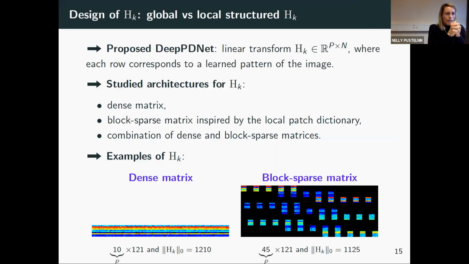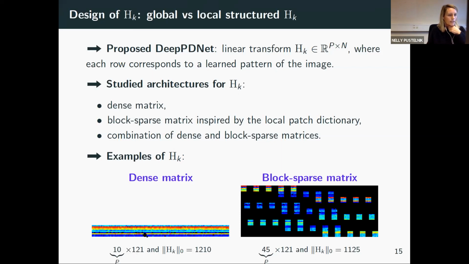The first thing is that the design of HK is of utmost importance. In our work, we consider several kinds of architecture. The first one is HK being a dense matrix, which means that, for instance, if you have an image of size 11 by 11, you can vectorize it, and in that case you will obtain HK of size P times 121.